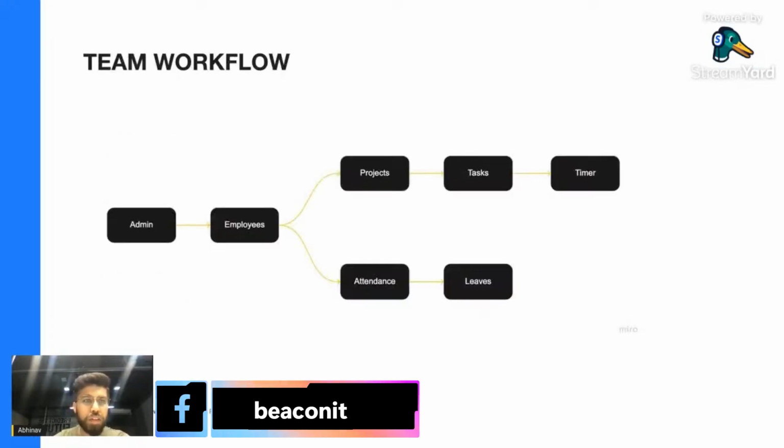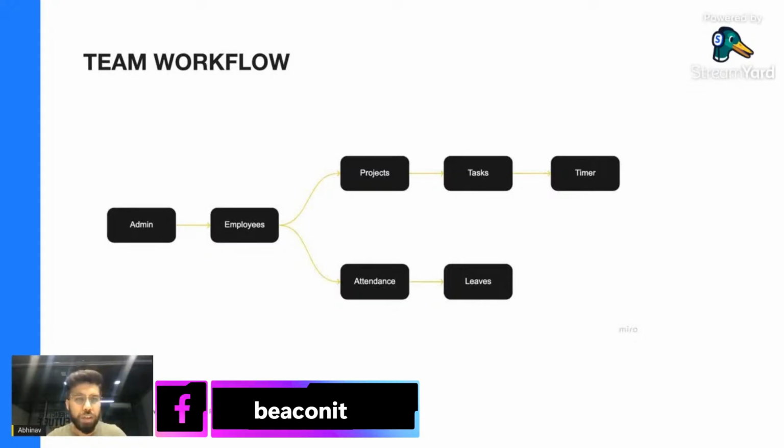So starting with the workflow. This one is the team workflow, like it is the company workflow. The workflow is like there is going to be one admin, which you can also say is the owner of the application or the company. The admin will have multiple employees.